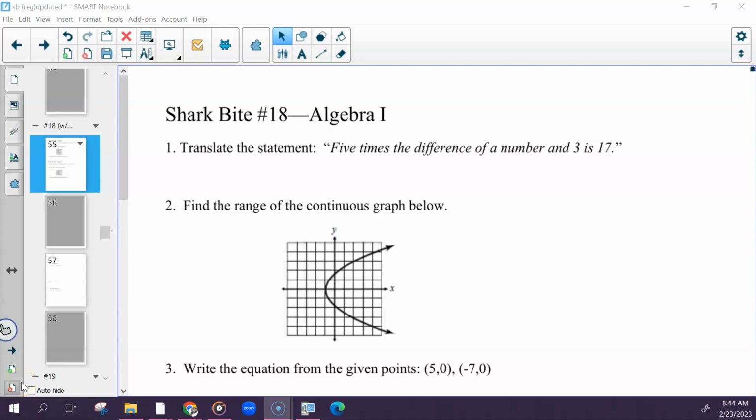On the shark bite, which numbers do we want to see, go over, have questions about? Want to just double check? I see a lot of ones, a lot of twos.